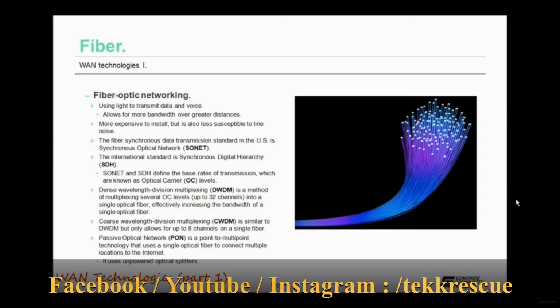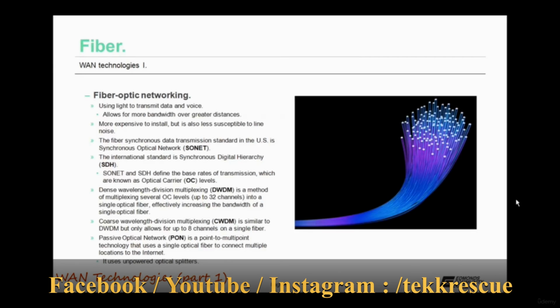Both SONET and SDH define the base rates of transmission over fiber optic cabling, which are known as optical carrier levels. Dense wavelength division multiplexing is a method of multiplexing several optical carrier levels together, up to 32 of them, into a single fiber optic cable, effectively increasing the bandwidth of that single optical fiber.